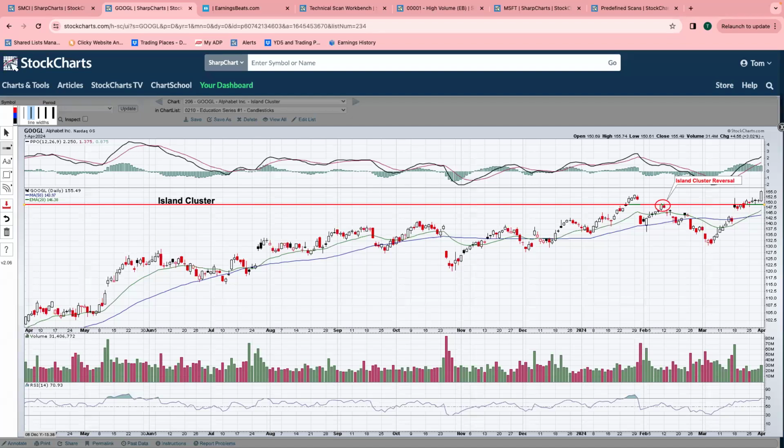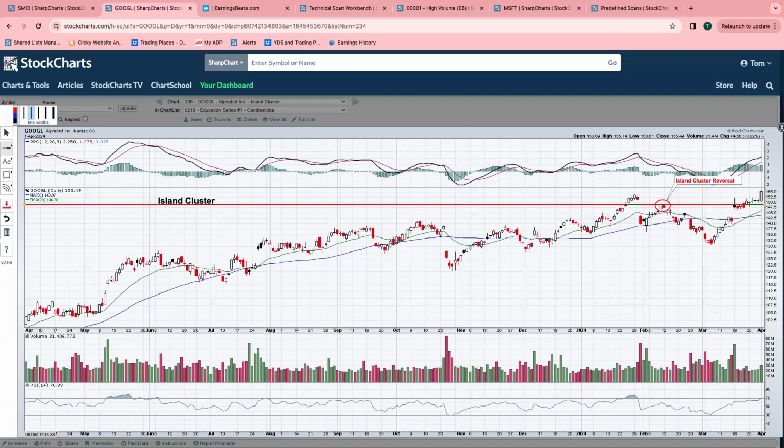I always go back to whatever works. So if you get a harami, I mean, it is considered a trend reversal pattern. And it can be either bullish or bearish, just like the island reversal. It can be bullish or bearish, just depends on where it shows up on the chart. A harami is basically the same thing.